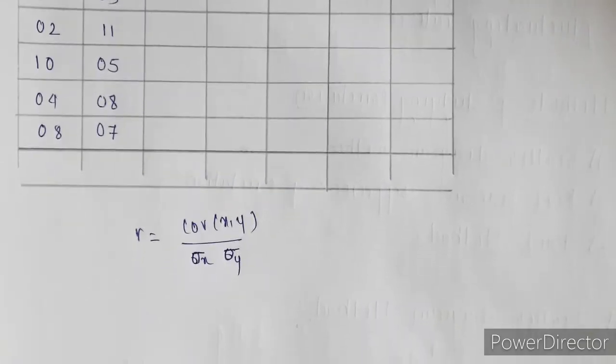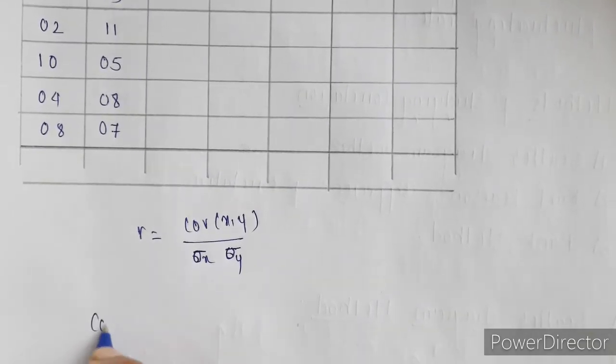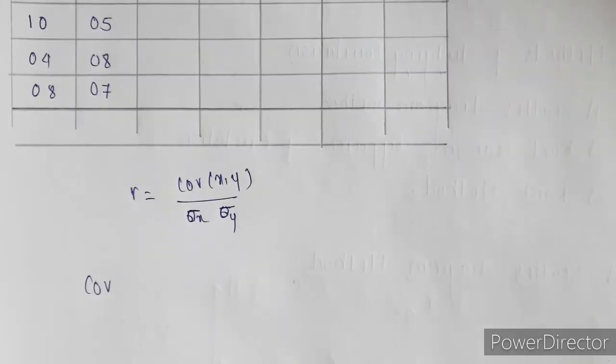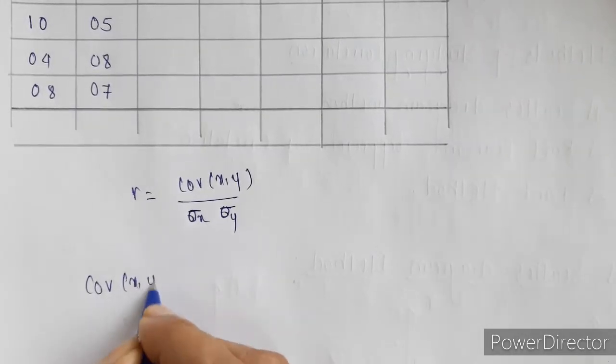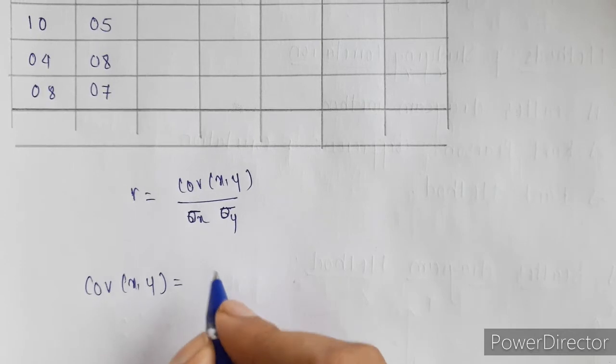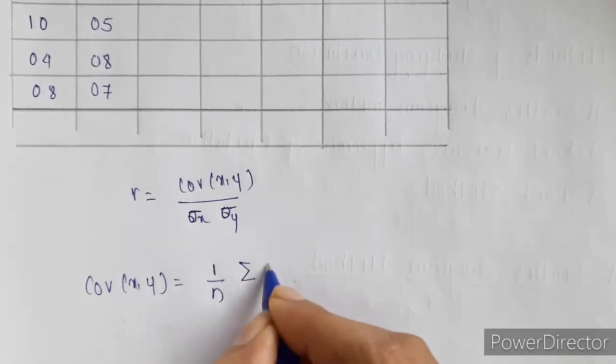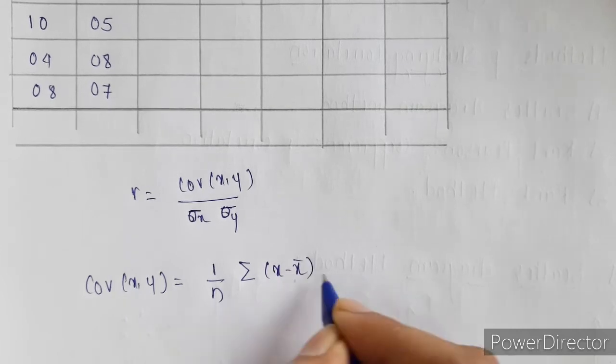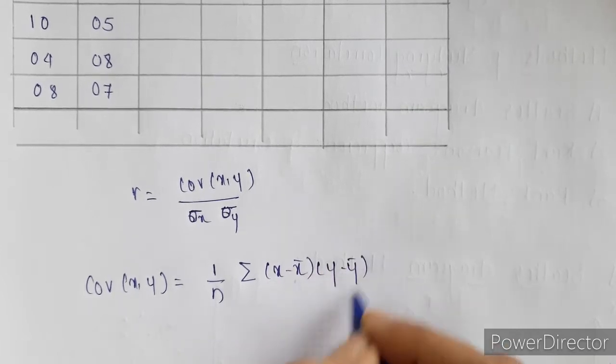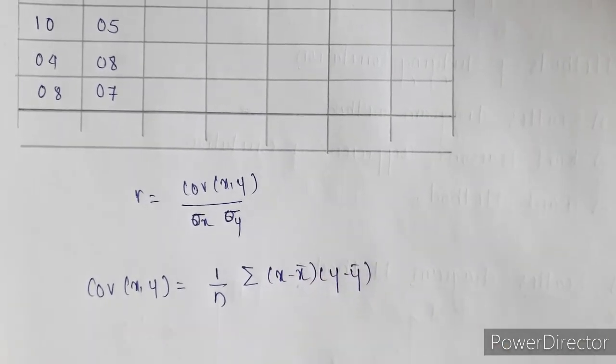Now first thing is covariance. So covariance of x and y is given as 1 upon n summation of (x minus x bar) into (y minus y bar), that is, products of deviation.